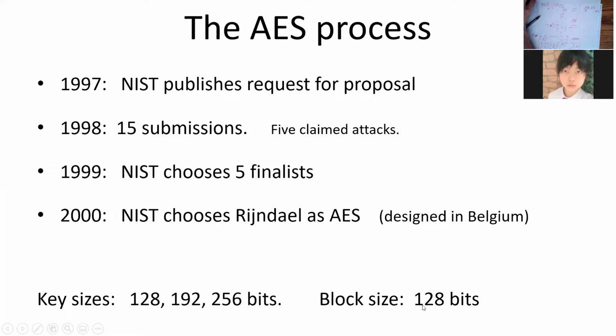Because all the modes of operation of a block cipher are very sensitive to block size, for the basic reason that collisions in blocks, collisions in randomized vectors, basically imply attacks.